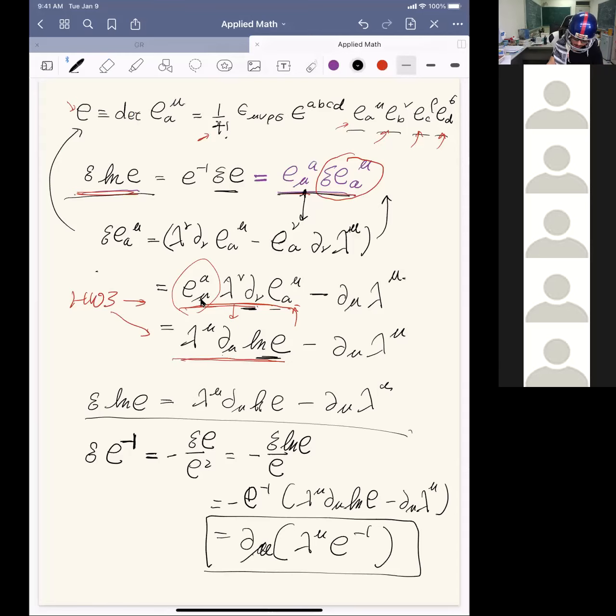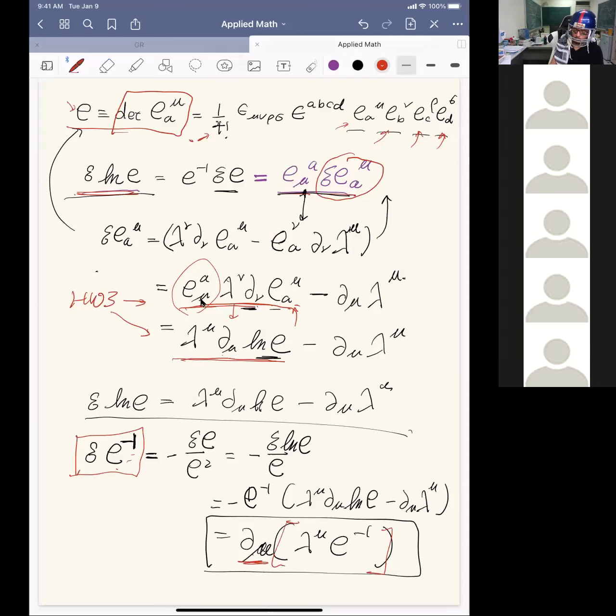Okay, so this is the important point. Once again, the gauge transformation of the inverse. Remember E is the determinant of your Vielbein. Therefore, if you take the variation of the inverse of this determinant, it's going to give you the total derivative acting on lambda mu E inverse.